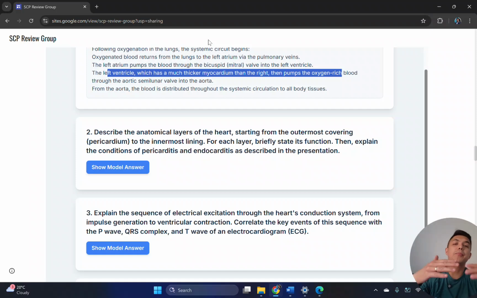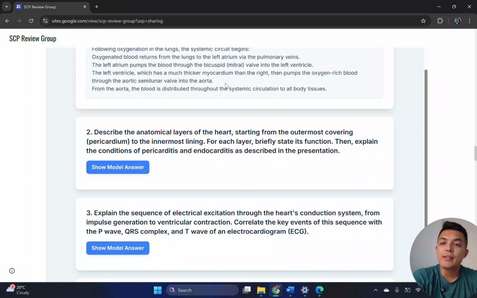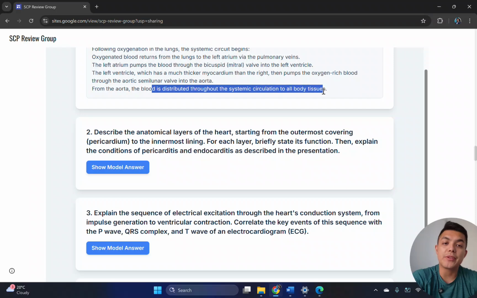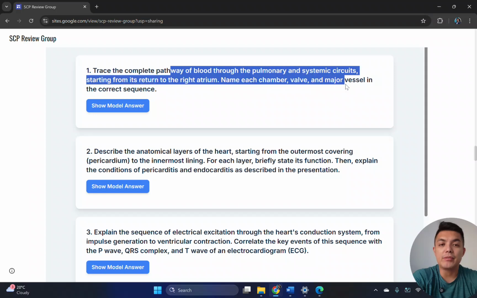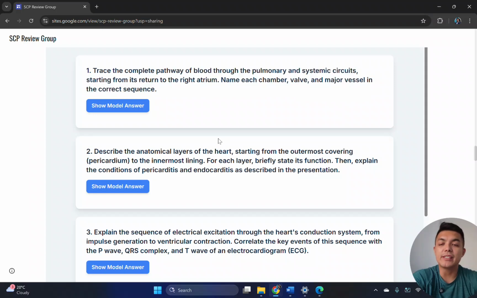So when it pumps the blood, the valves open, blood comes out, and when it relaxes, it shuts down, and when the blood comes back, it will go inside the right and left coronary arteries. So next, from the aorta, the blood is distributed throughout the systemic circulation to all body tissues. So that's the complete pathway of blood through the pulmonary and systemic circuits.